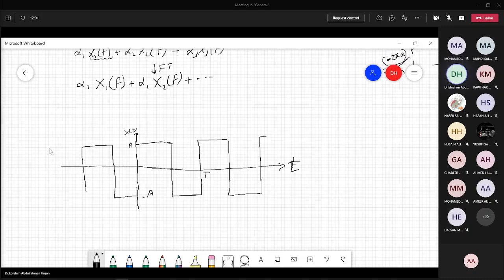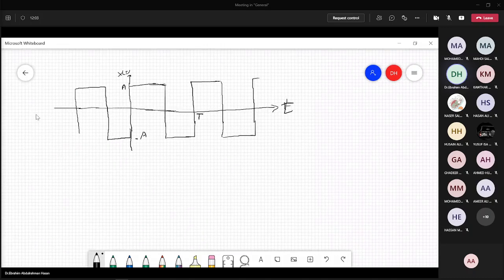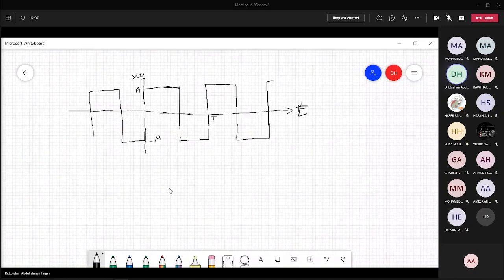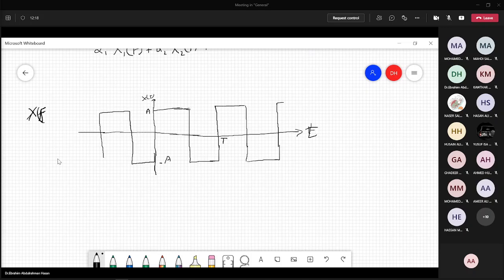Okay, so as an example, if I have a periodic signal and I want to find x of f.